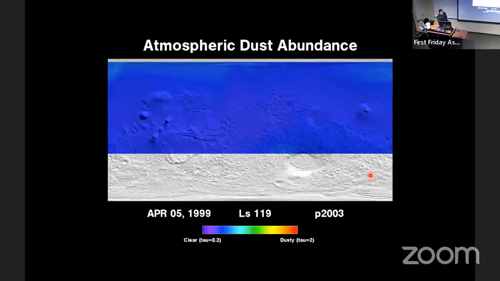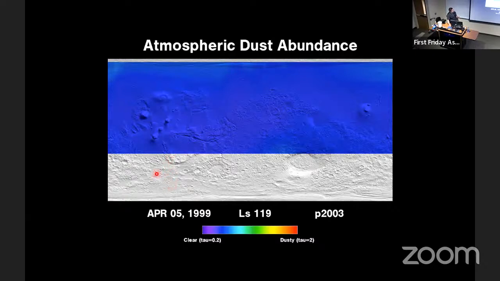So I also wanted to point out that we have a couple of ideas of how you get dust in the atmosphere. We definitely have images of storms, so we know we get dust storms, but we also have observations like this one. The point of this, I want to get across first, is that this data shows that not only do we get dust storms, but we also just get enhanced amounts of dust in the atmosphere.